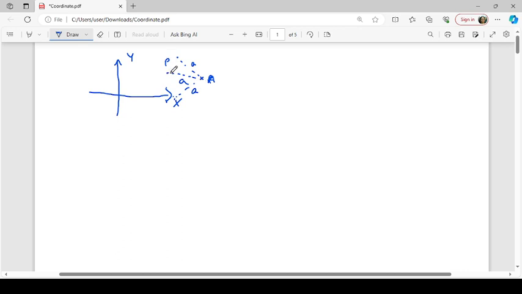So P is moving and it traces this path. So this is the path of P. We say this is a locus. Path of P is a locus.